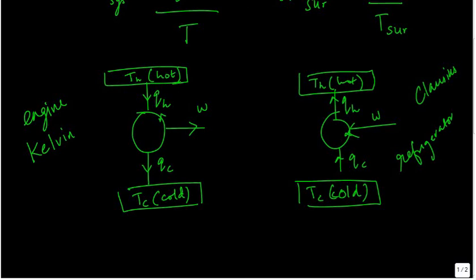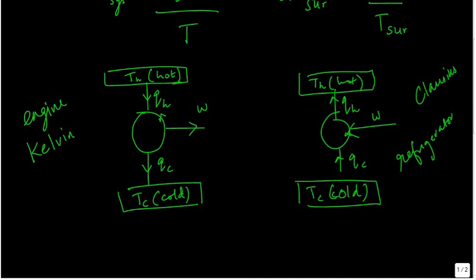Now, I say, okay, if that is the case, I'll use this as an engine and I'll use this as a refrigerator. Okay, because the efficiencies are different. And I connect these two. If I do that, I need some work to go in over here.